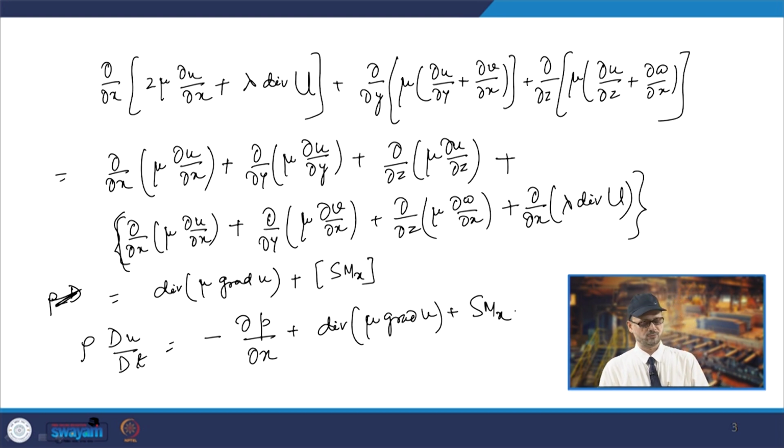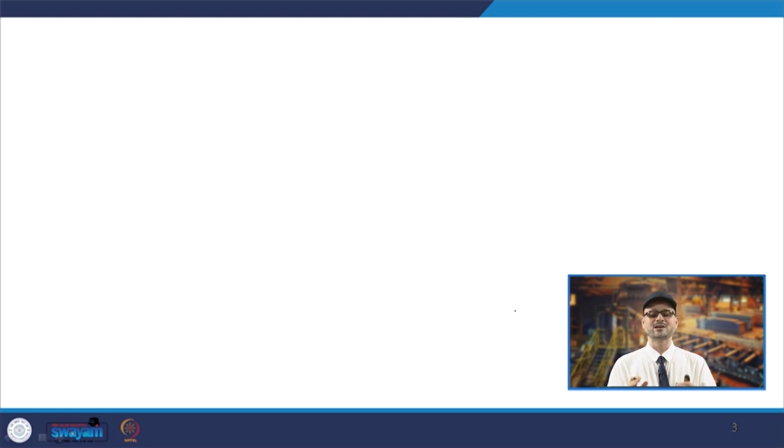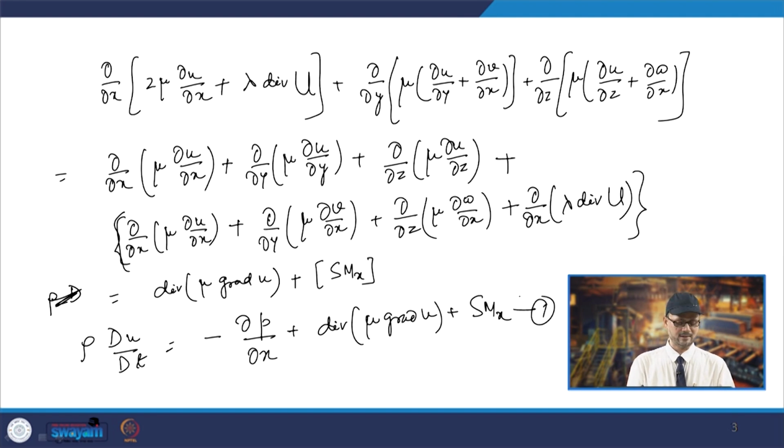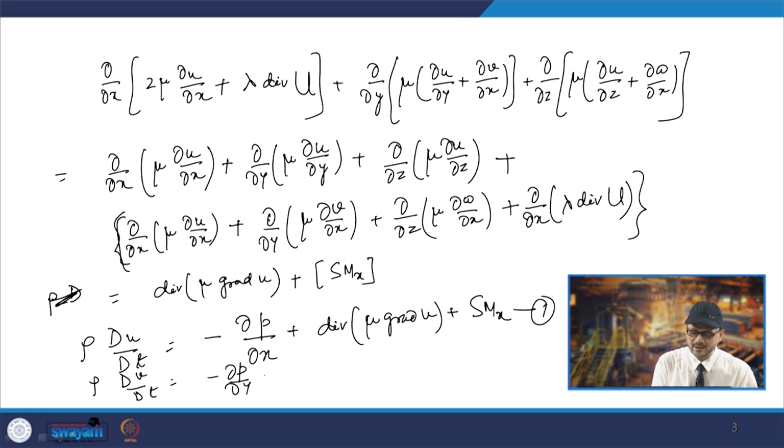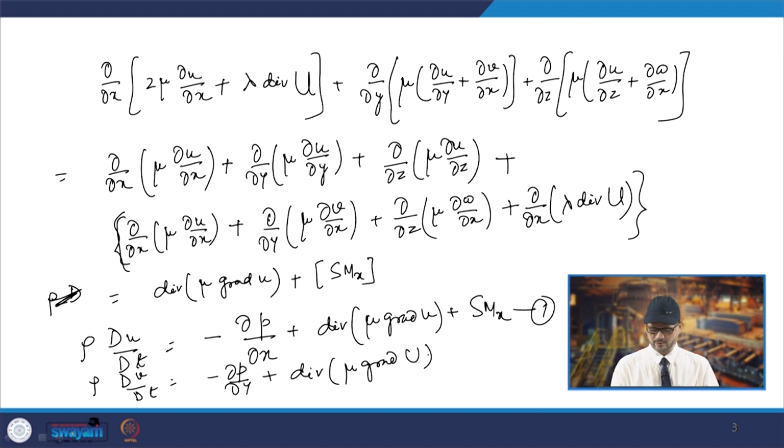So, you will have 3 equations for the x, y and z momentum. That is for the x momentum, and if you go for the y one, it will be rho of dv by dt equals minus dou p by dou y, plus div of mu grad v, and then you will have SMy.